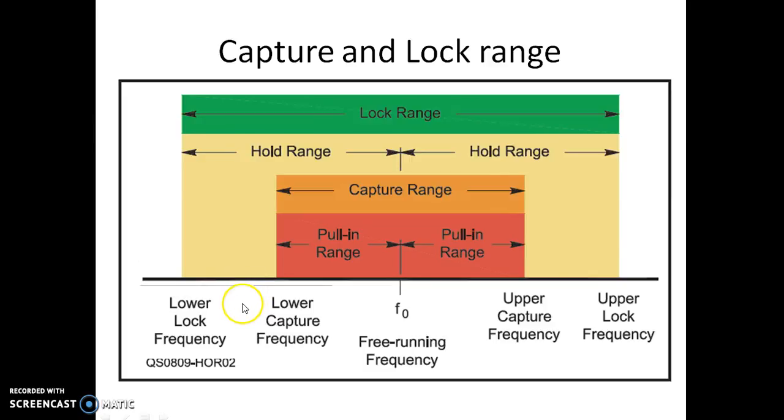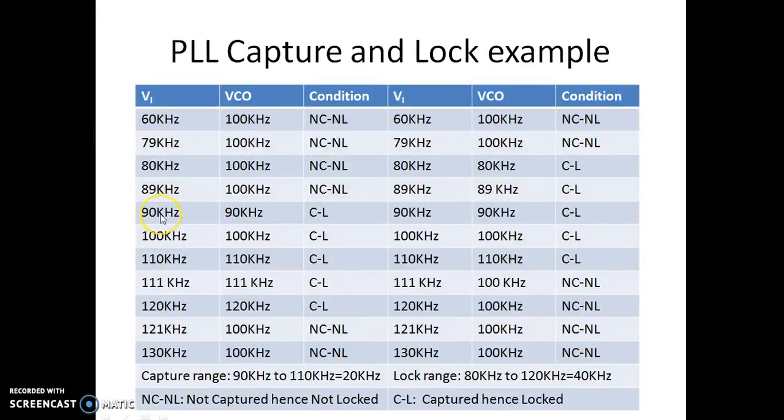In this particular example, we have the lower capture frequency as 90 kilohertz and the upper lock frequency as 120 kilohertz. Whereas on the reverse journey, the upper capture frequency is 110 kilohertz, and this is the lower lock frequency.